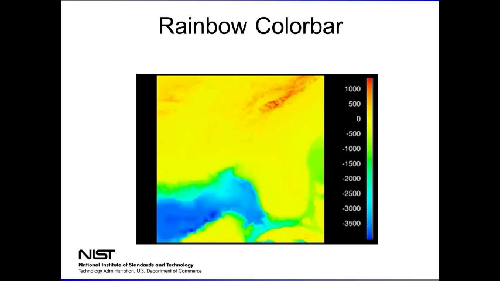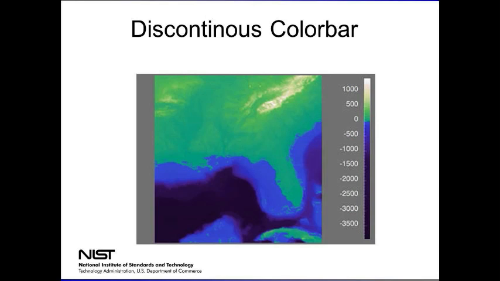Now, if I present this plot using a discontinuous color bar, using shades of blue for values less than 0 and shades of greens and browns for values greater than 0, then you get this, which is obviously a map of the southeastern United States.